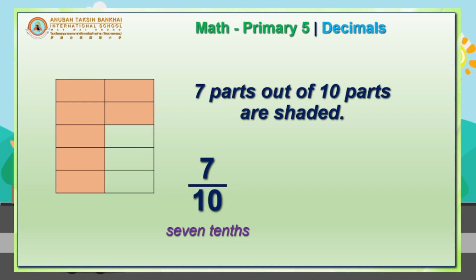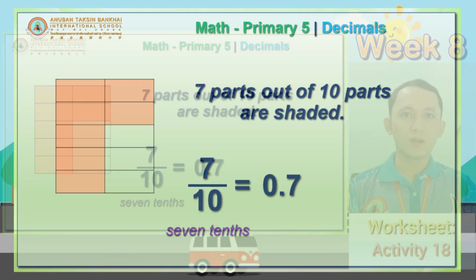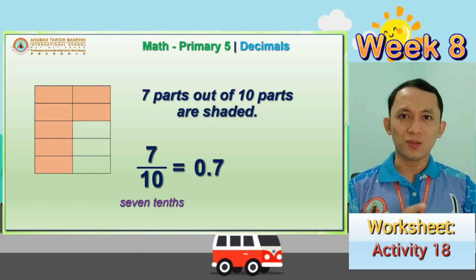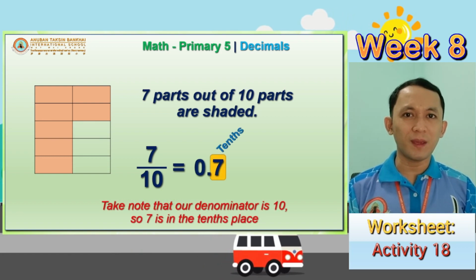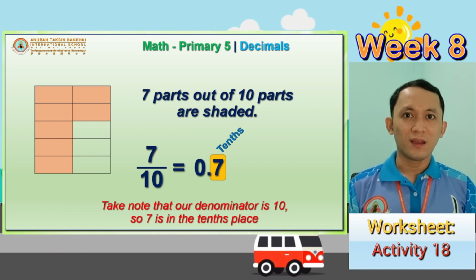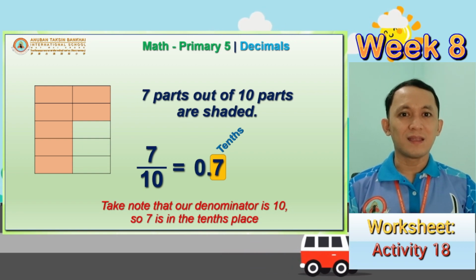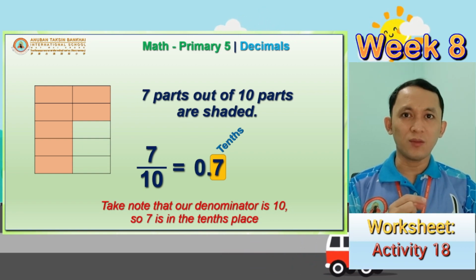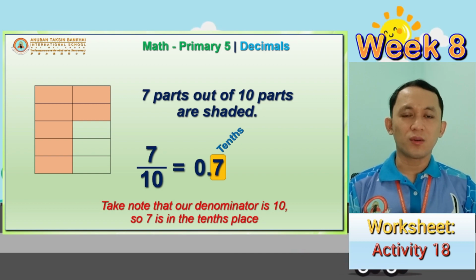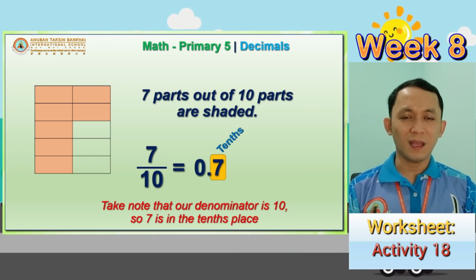If we convert this into a decimal, we write this as 0.7. Take note that our denominator is 10, so 7 is in the tenths place.